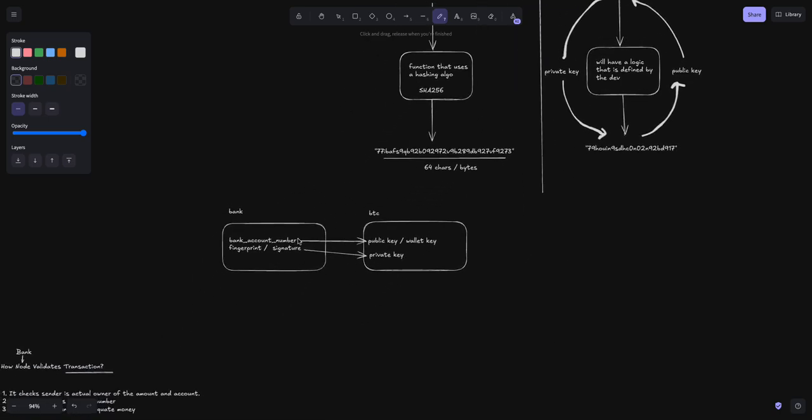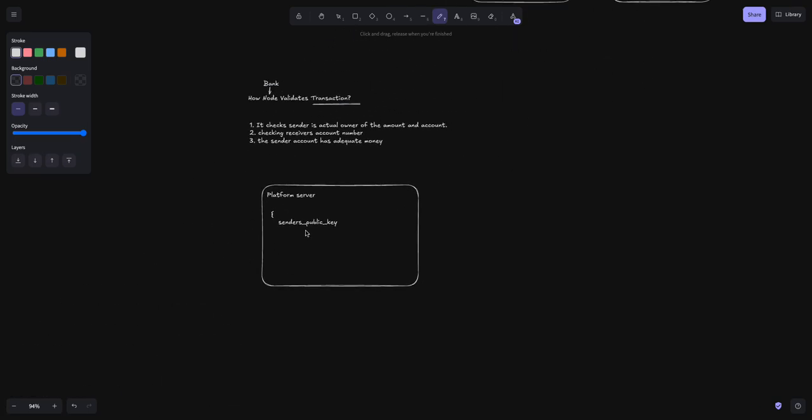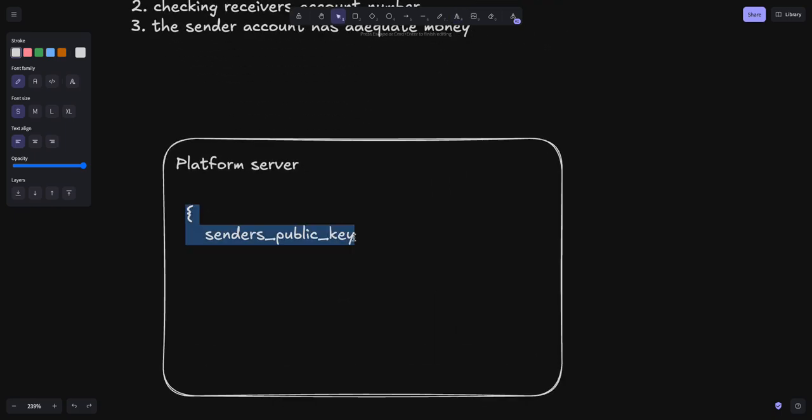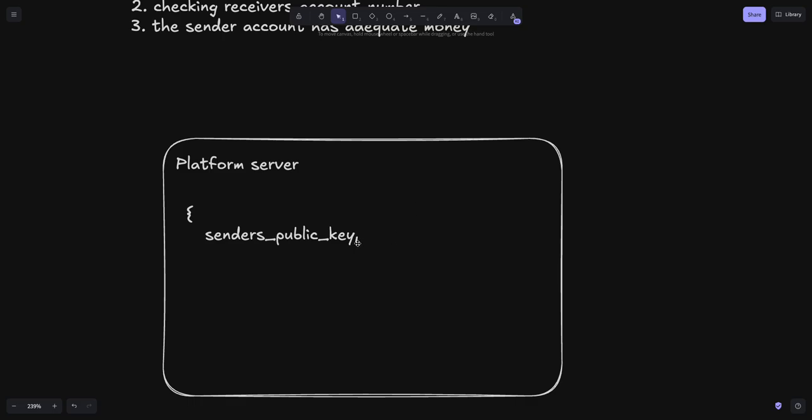Now we will also understand how a fingerprint is equal to a private key. Coming back here, what do you mean by the sender's public key? The public key is nothing but the bank account number which is available all over the world, showing that this person has this bank account.